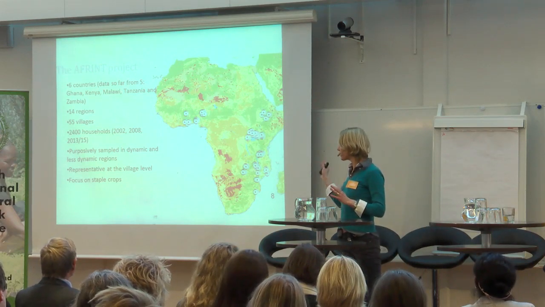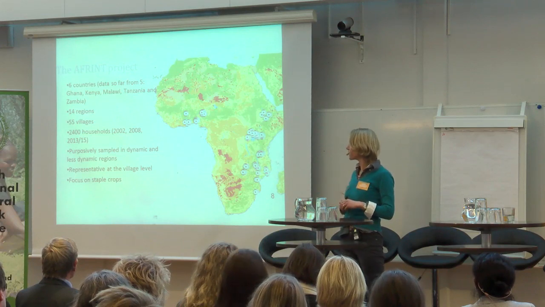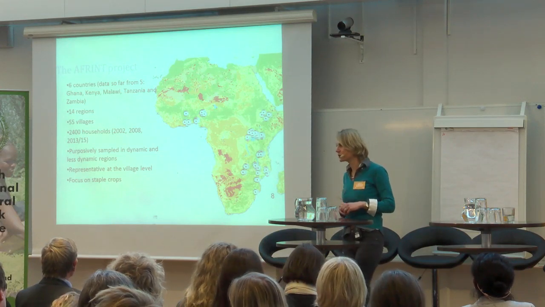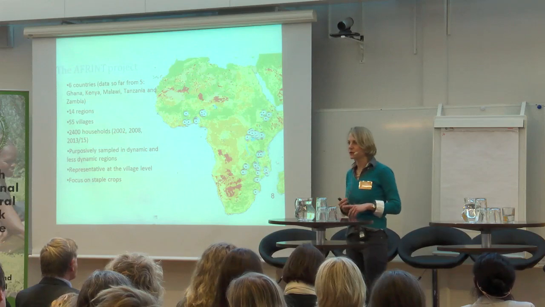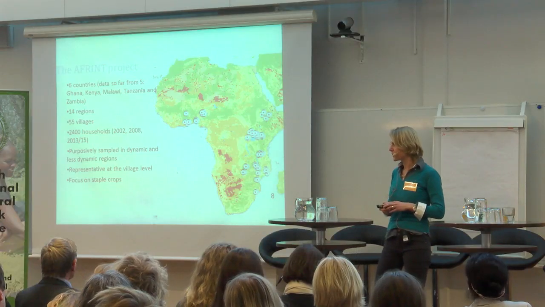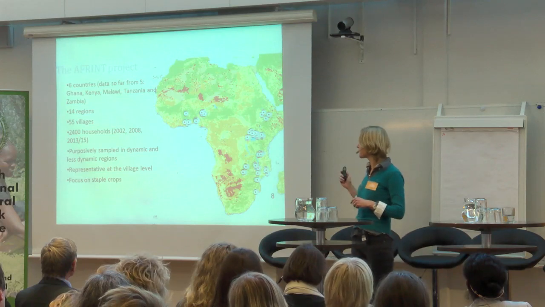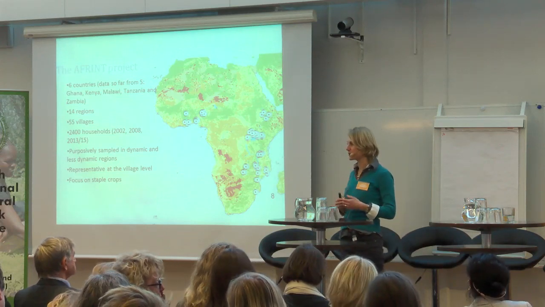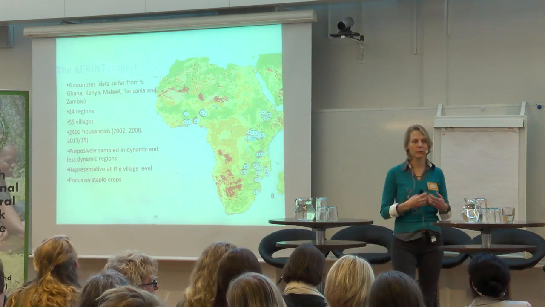What I'll be presenting here covers roughly 2,000 households that were interviewed in 2002, then again in 2008, and finally during 2013 through 15. And in terms of where these sites are located, they've been purposely sampled in dynamic and less dynamic regions to give some idea of the prospects for agricultural growth and intensification in these particular places.